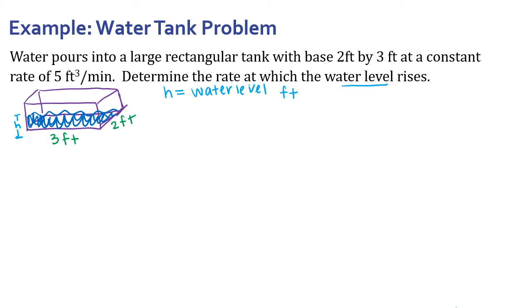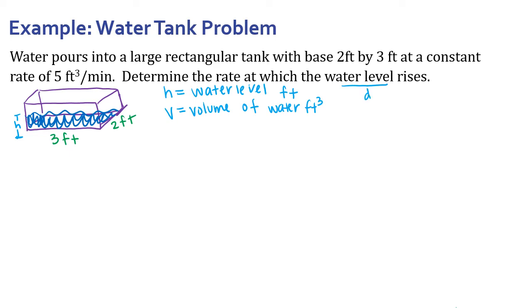We know that the rate that the water is pouring in is 5 feet cubed per minute. When we hear that, that should hopefully tell you volume. It's how much water is going in. That's the volume of water that's getting put in. So let V equal the volume of water in terms of feet cubed.